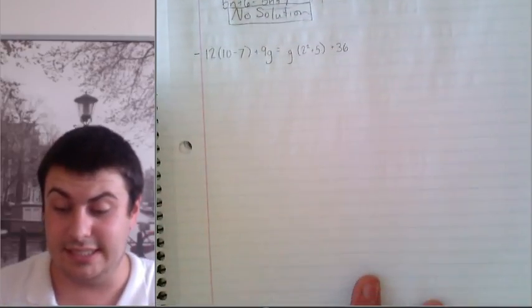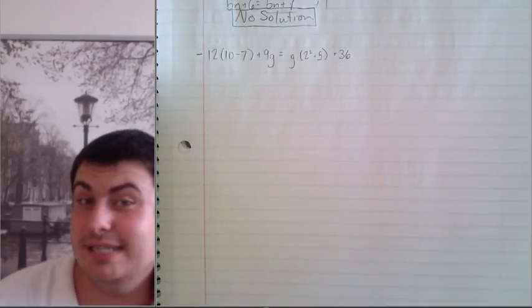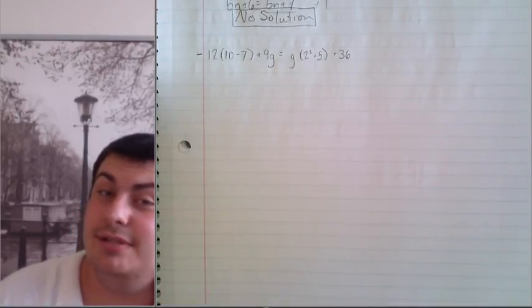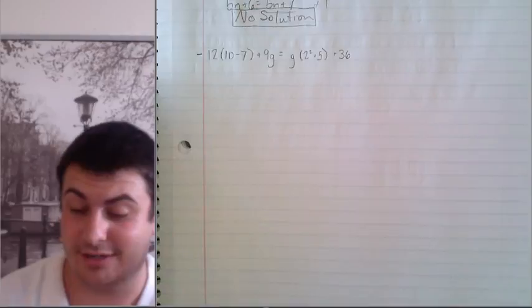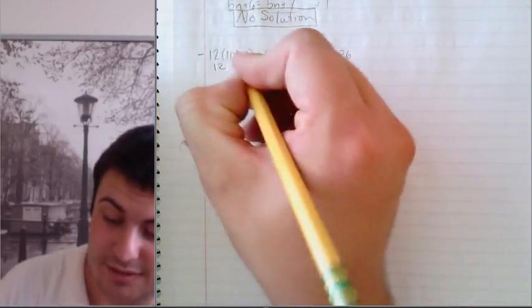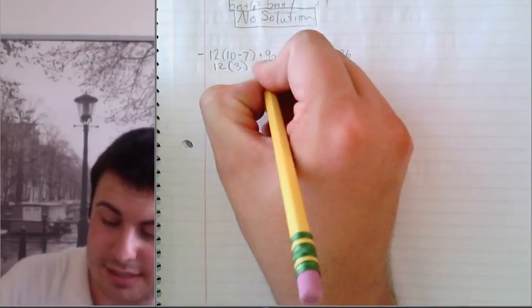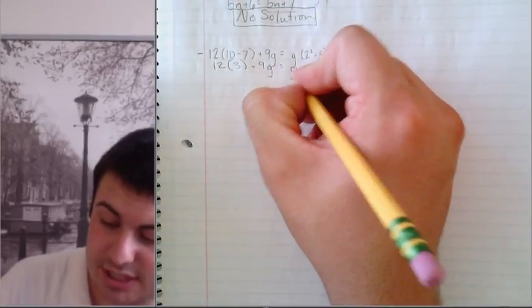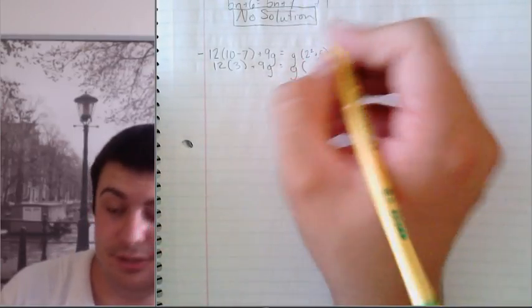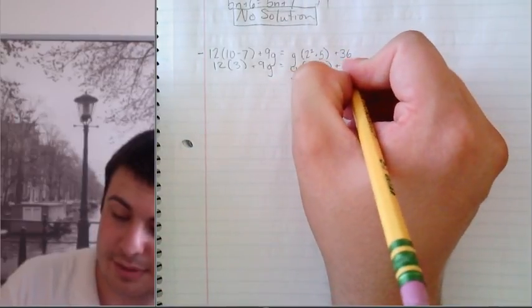All right, let's look at this example here. 12 times the group 10 minus 7, plus 9g equals g times the group 2 squared plus 5, plus 36. All right, so let's look at some things that happen inside our groups first. We have 12 times 10 minus 7, which is 3, plus 9g equals g times, inside this group, 2 squared, that's 4, plus 5, plus 36.